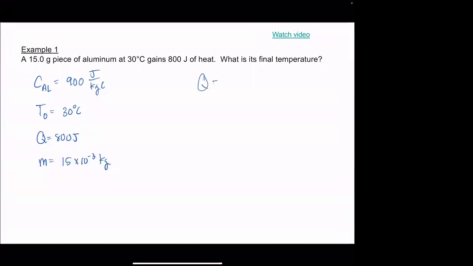Our formula, Q equals MC delta T. Q over MC equals delta T. T minus T naught equals Q over MC. So T equals Q over MC plus T naught.